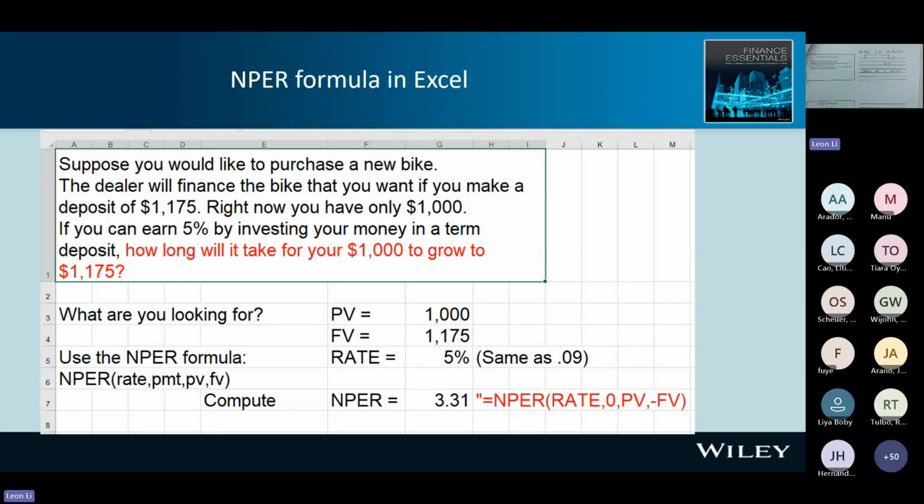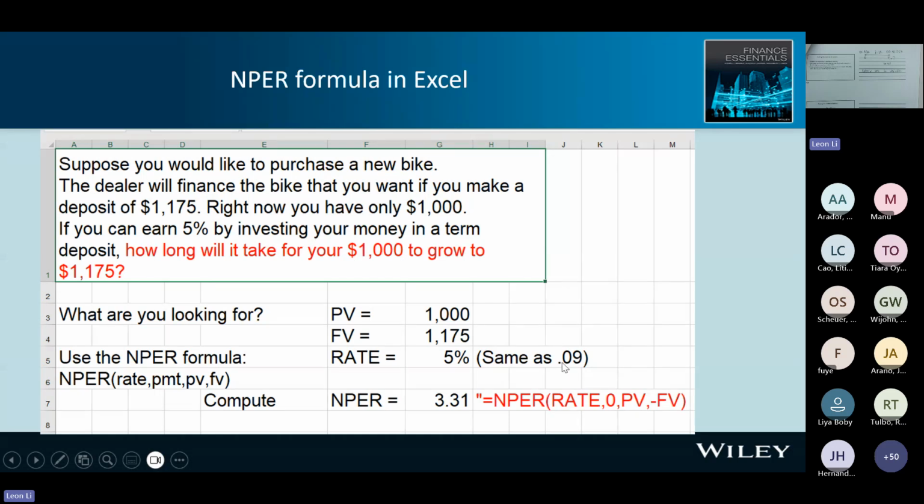So this is our equation. How long will it take for your $1,000 to grow to $1,175? So again, you have the timeline. Then you have the input variables, right? So you have present value 1,000, future value 1,175, rate 5%. Okay, sorry, this is a typo.